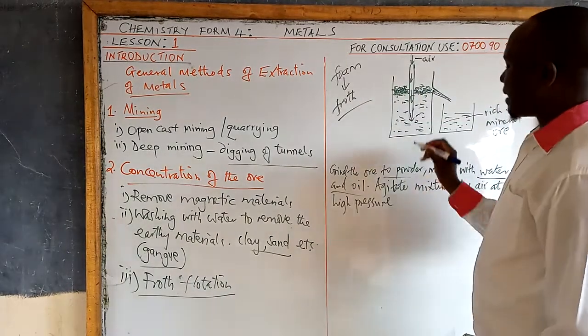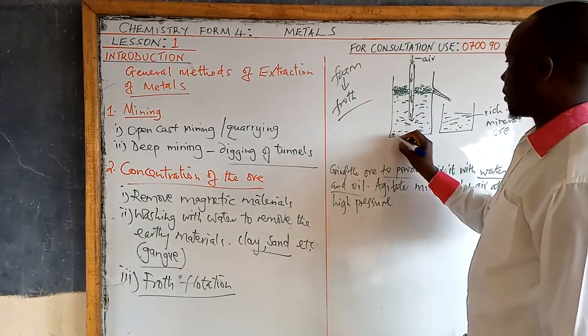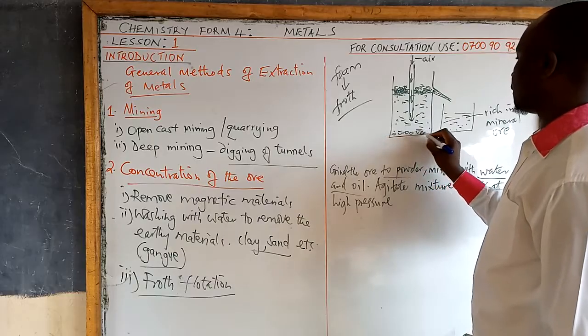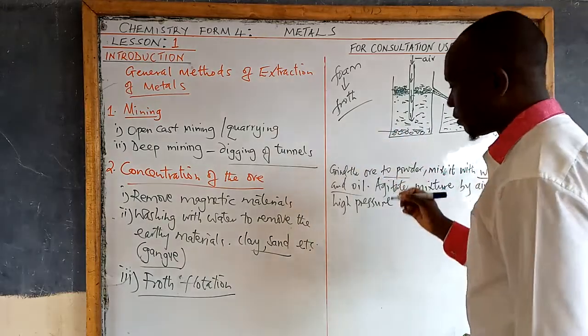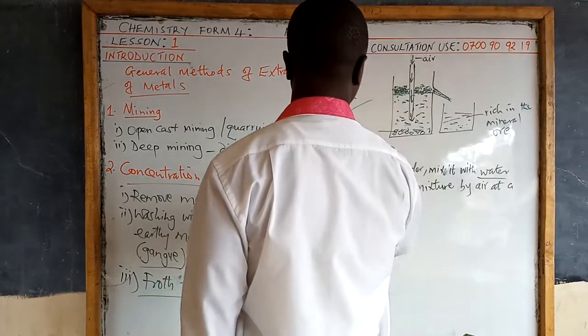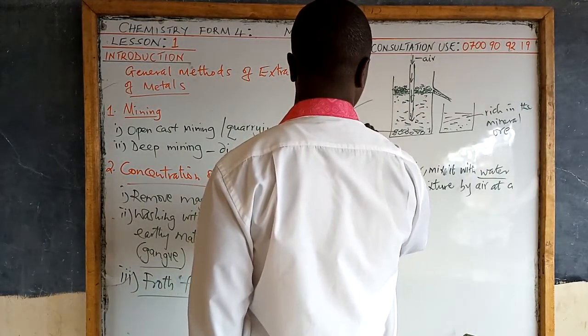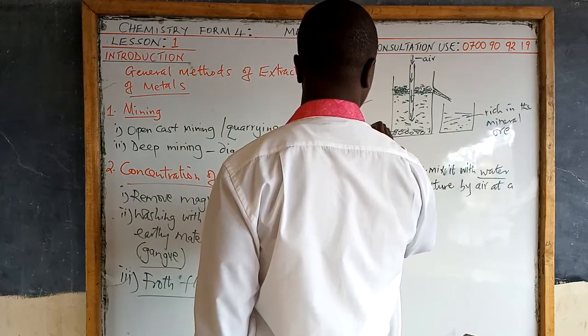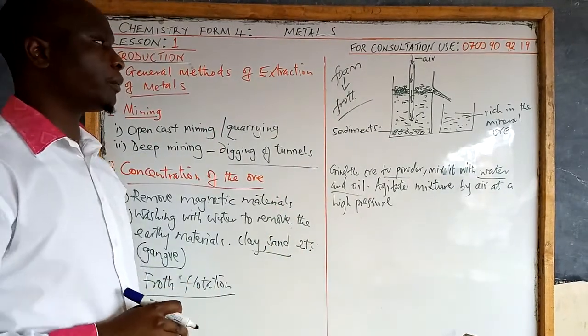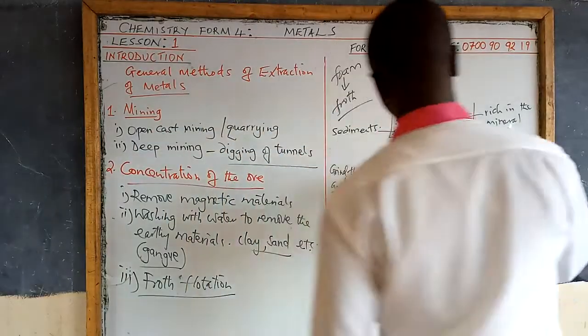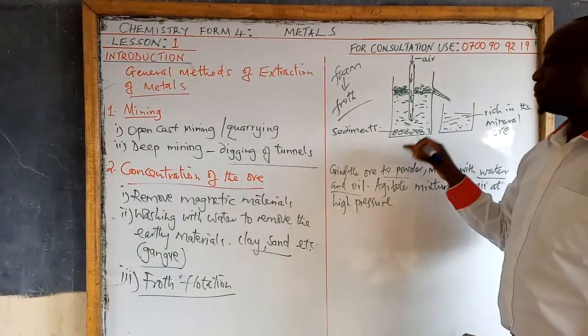The other materials, the heavy materials, will settle at the bottom. These are what we call the sediments, so you can call it the sedimentation process. The heavy materials will collect at the bottom.